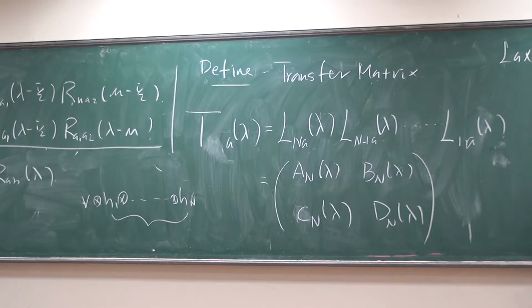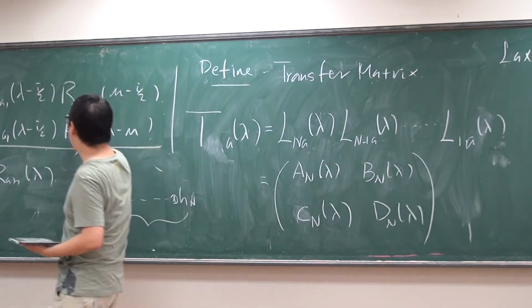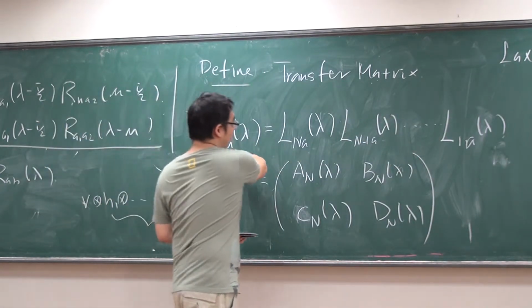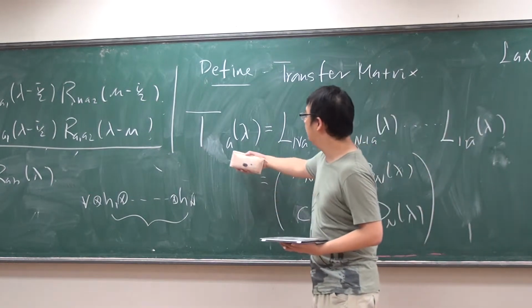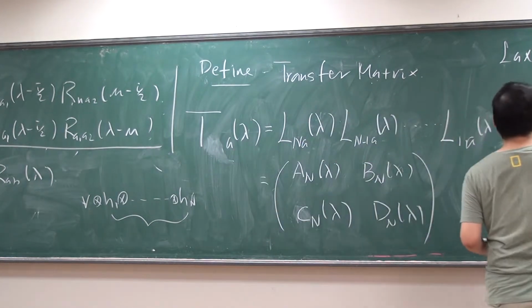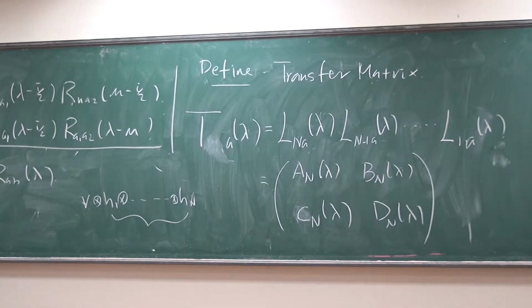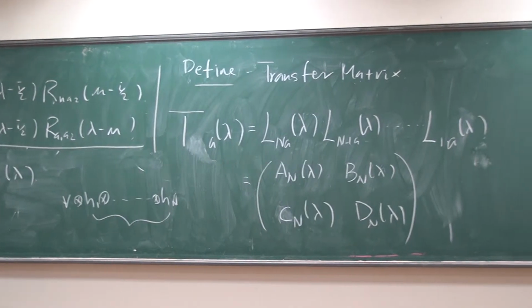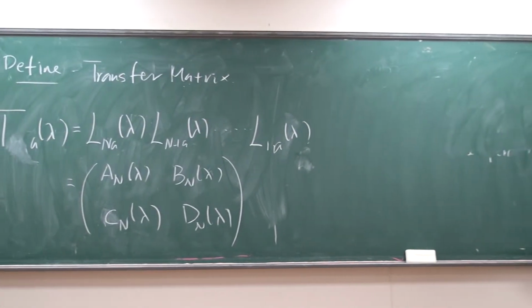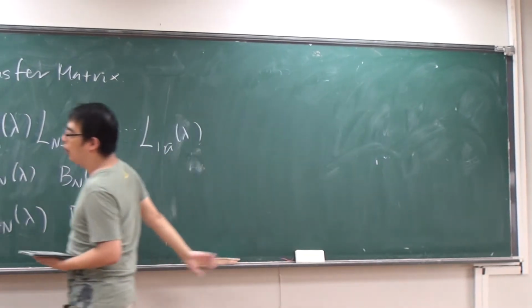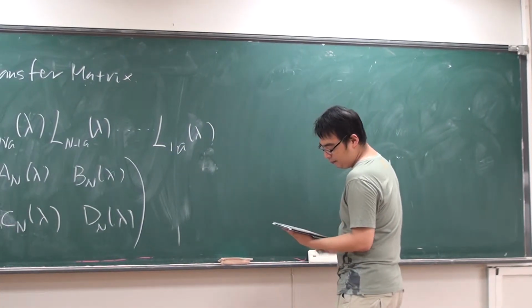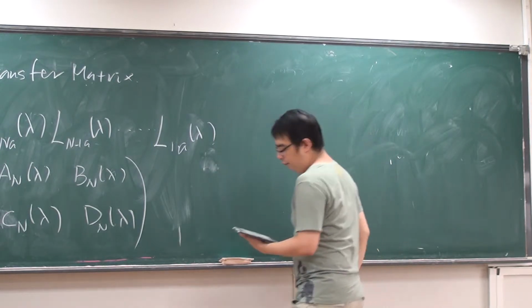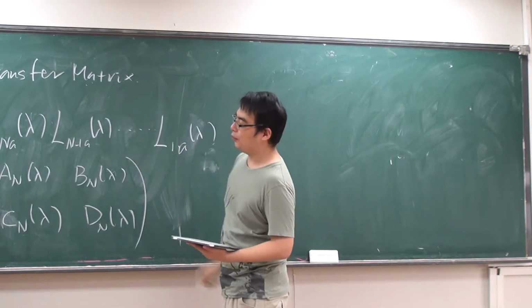So from this, we can deduce a similar commutation relation for the transfer matrix, and the form should not come as a total surprise to you. Unfortunately I wiped the diagram, but this is obvious, because you can even guess what I'm going to write down.